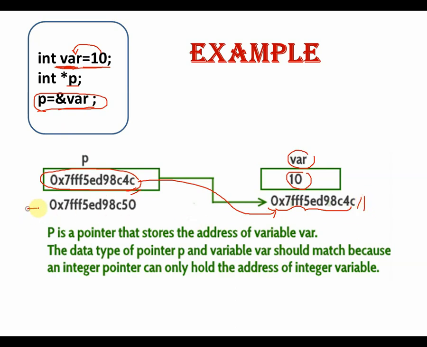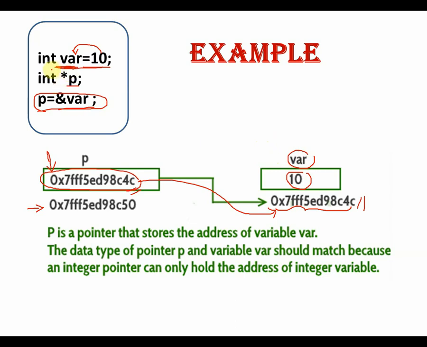Now what you see over here is the address of the pointer variable, which is different. But the pointer variable is actually storing the address of the other variable, which is var. Now you have to remember that whenever you use it this way, the data type of the pointer variable should match the data type of the variable whose address you are storing.